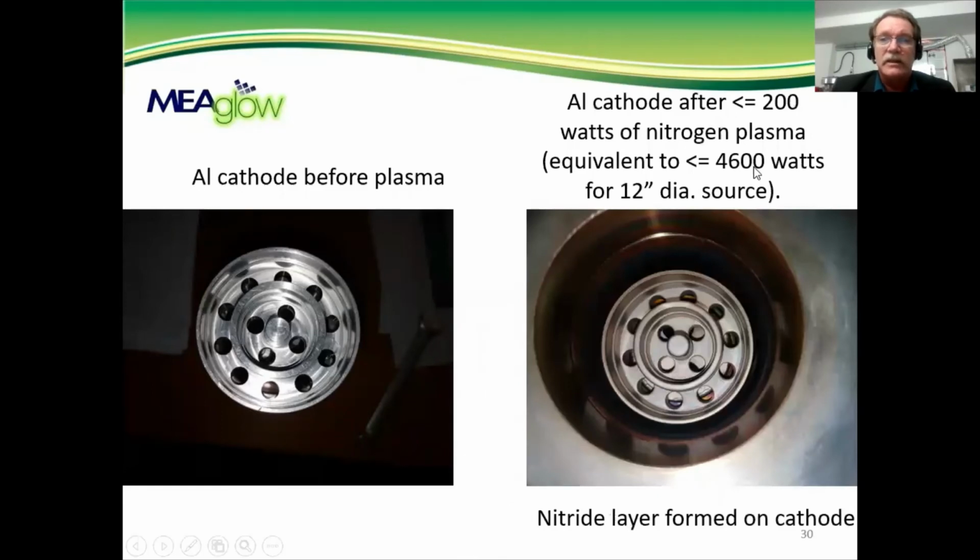And it turns out that when we were operating below 200 watts, the cathode was fine. It developed this nice bronze or coppery looking surface, which was probably a nitrided surface of the aluminum, and that helped protect it. If we then took the power up to 300 watts with this surface in place, we could operate without seeing that sputtering degradation we had seen previously.